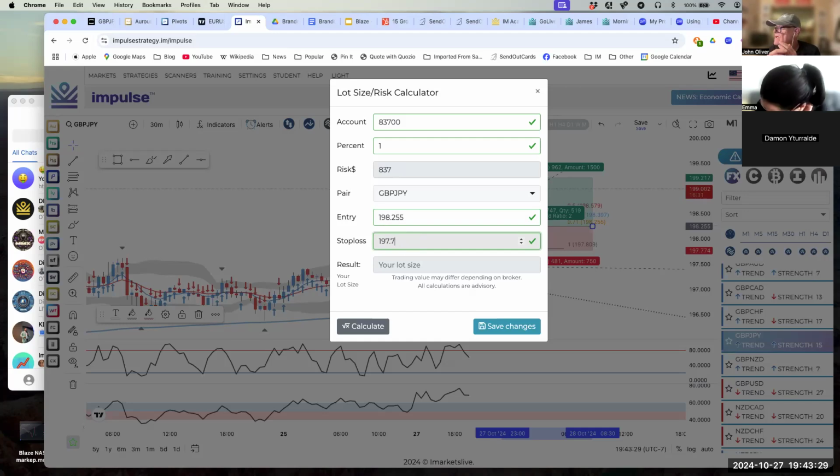Okay. I think you're right though. 774. Yeah, because it says it on the right-hand side there. You're right. So 774. Calculate. So the lot size should be 2.67, risking 1%. Okay.